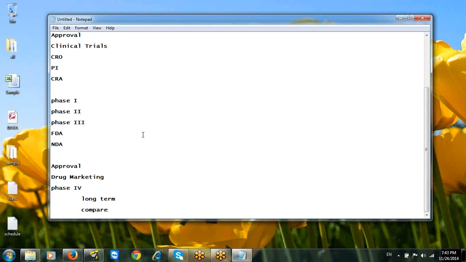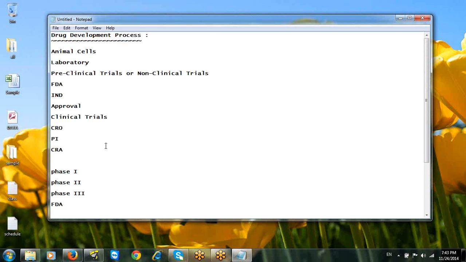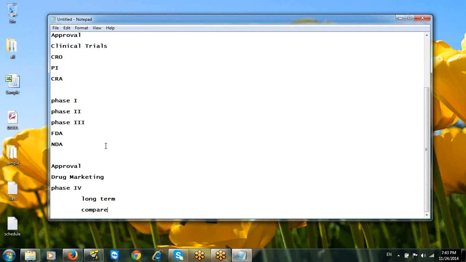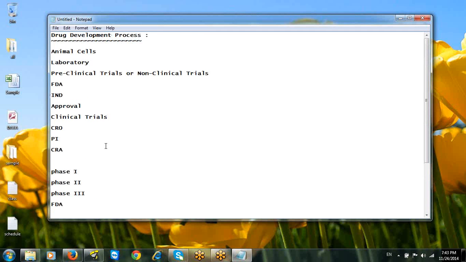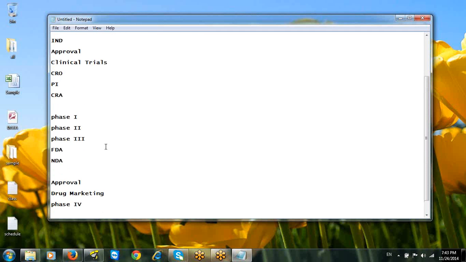Okay. So generally this is the workflow when it comes to drug development. As we have observed, from one phase to another, the number of participants is very high and the time period is also very lengthy.